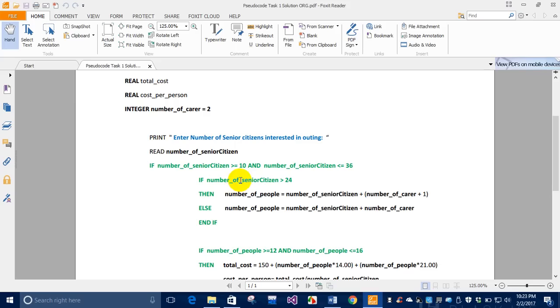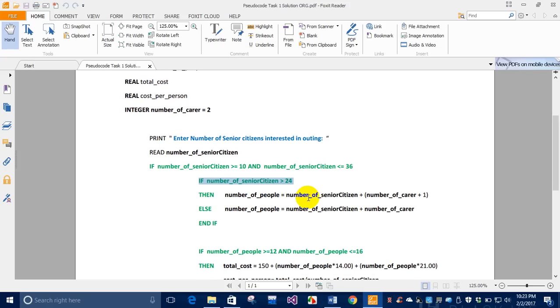Now if this condition is true, the control will move into this section. Again, I'm checking that if the number of senior citizen is greater than 24, then I'm updating the number of people by adding the number of senior citizen plus the number of carrier plus 1.